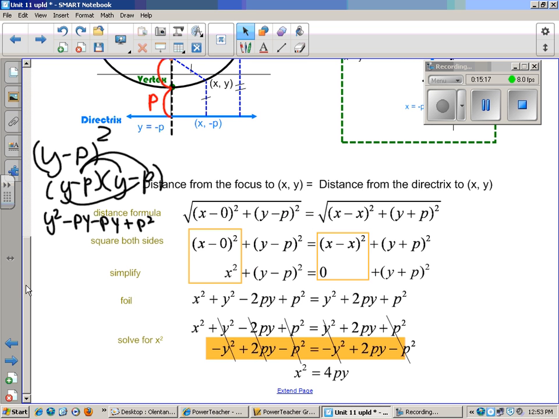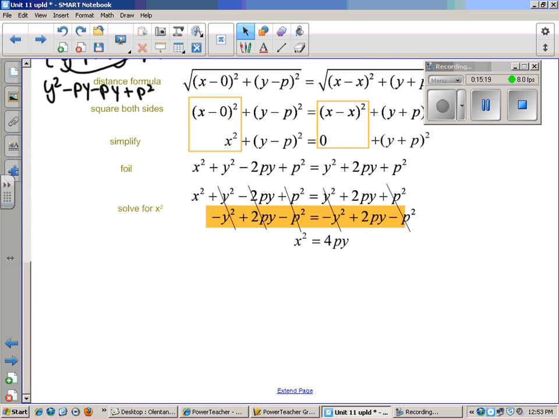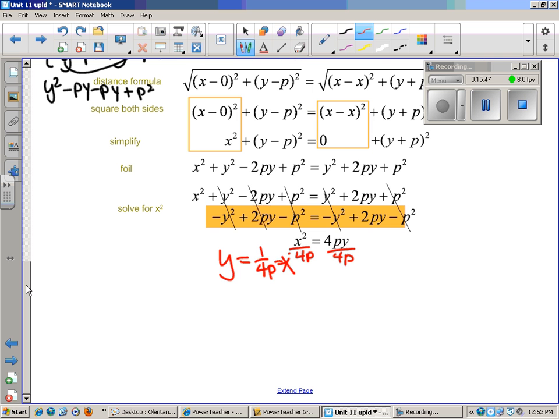Okay? And if you think about that a second and put it in regular old terms, we usually have y equals, right, with the x squared on the other side. So if I wanted y by itself, what would I divide by? 4p, right? So I get y equals 1 over 4p times x squared.